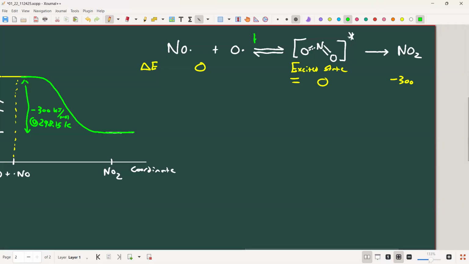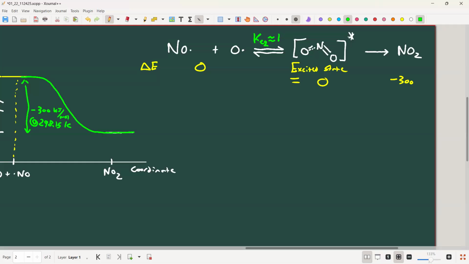So if I were to write a KEQ for this, we would basically say it's 1. So it's equally likely to be on either side. So we need some process that's going to kick this out of energy. It's really hard to pull out 300 kilojoules per mole of energy. That's almost an entire bond's worth of energy. And so this system is just going to bounce back and forth. So we have to find some way to pull it out.